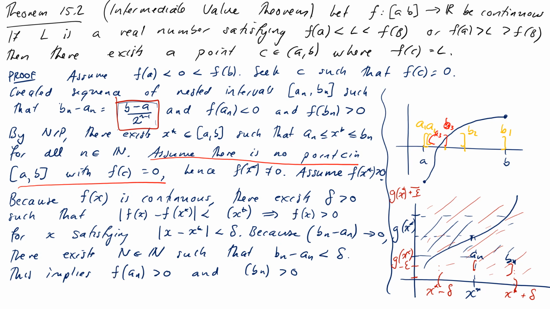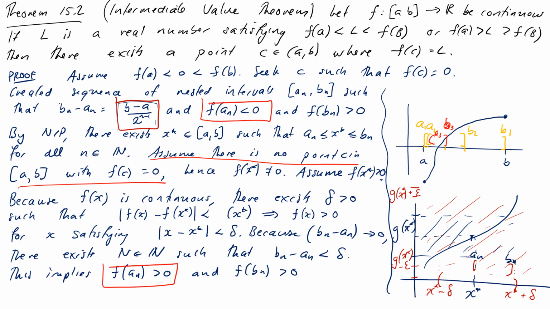This implies that f of an is positive and f of bn is also positive, but we've already assumed that f of an has got to be negative. So here's our contradiction. We've got f of an is negative here, f of an is positive here.